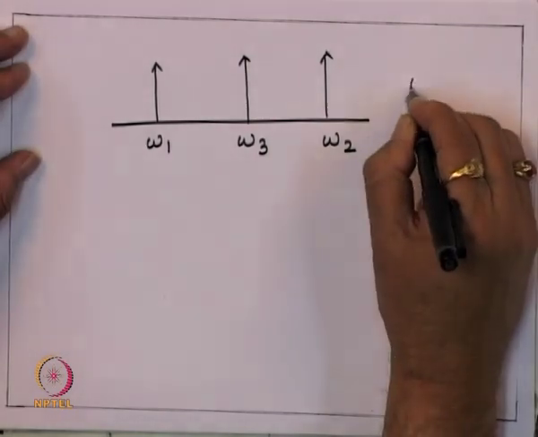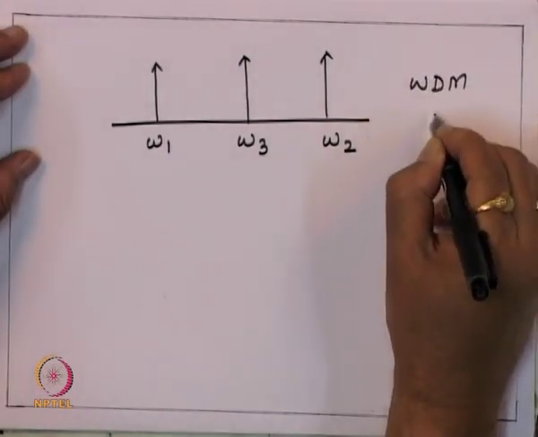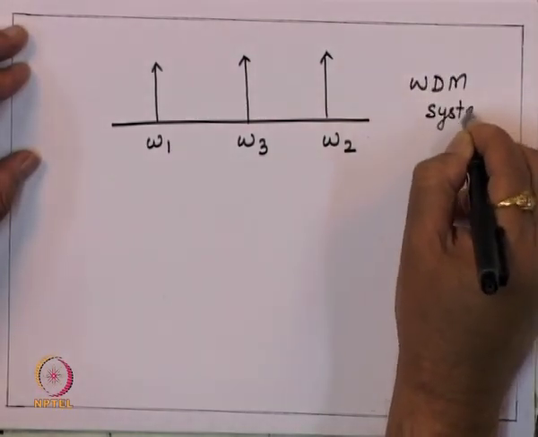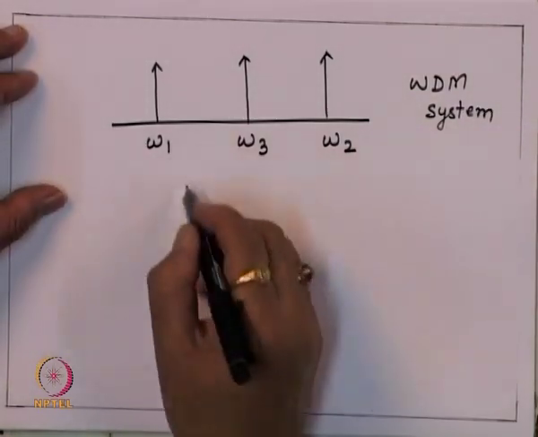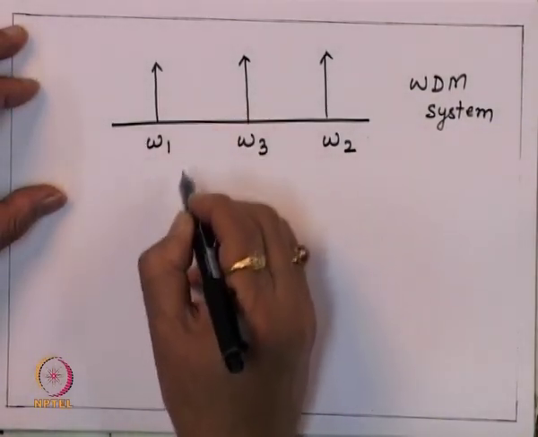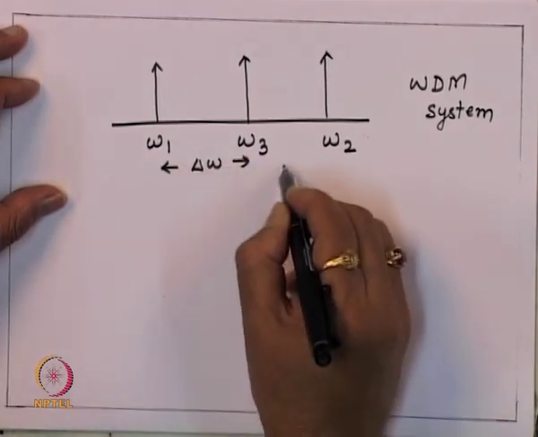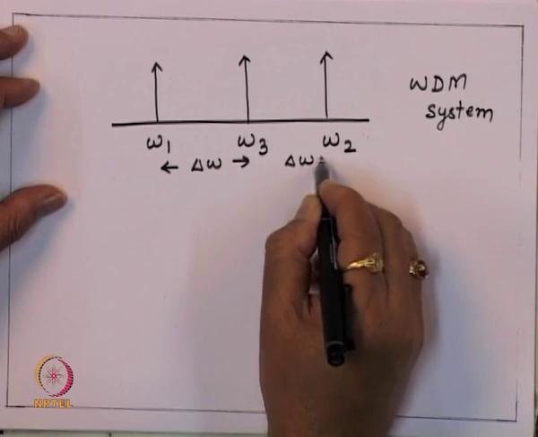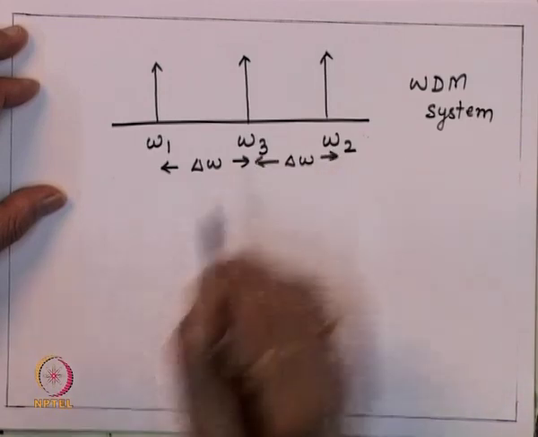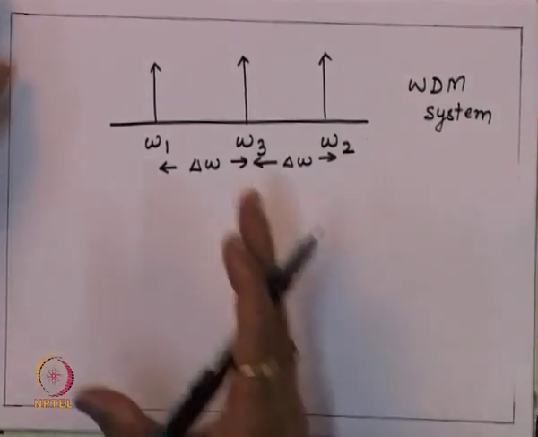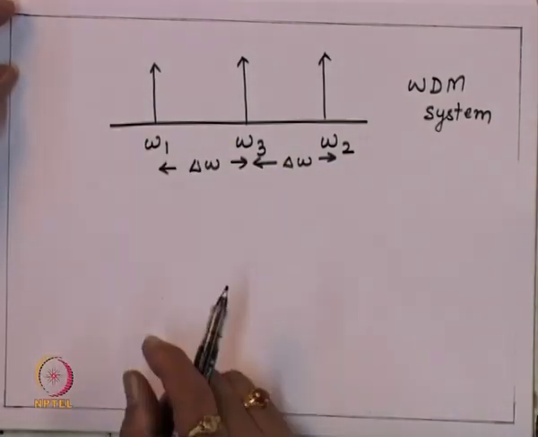So, this is a WDM system, and here the delta omega is the same for all these frequencies. This is delta omega, the channel separation, this is also delta omega, the channel separation, and so on, because in a WDM system the channels are equispaced.